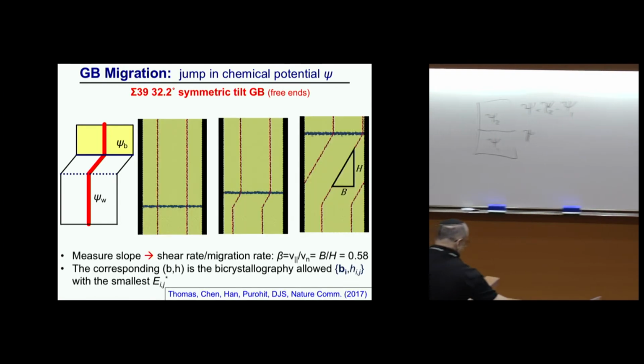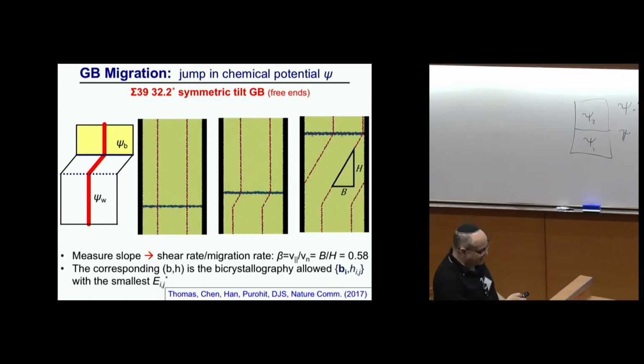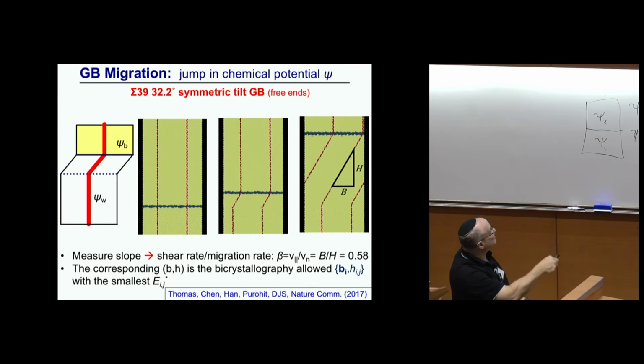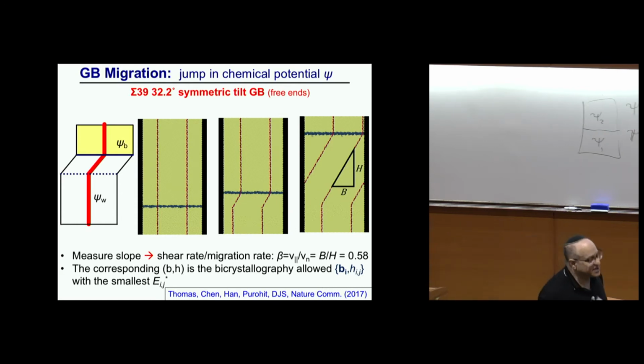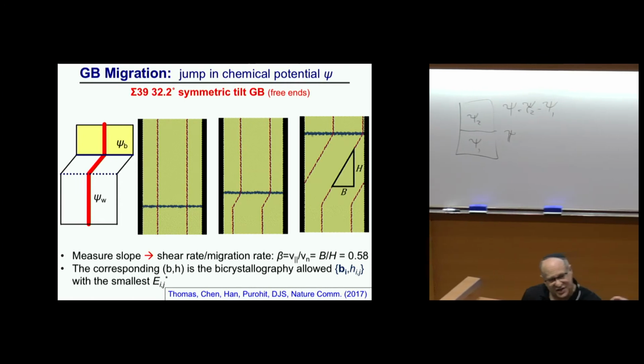And if you look at this in the simulation, so again, we put in fiducial marks here. Here's the grain boundary. It's periodic this way. So you can see that as the grain boundary moves up, it's also shearing this way, so we get a finite slope. That's the ratio of the Burgers vector to the step height. Well, it's 1 over that. And it turns out in this case, it's the lowest energy disconnection that works.